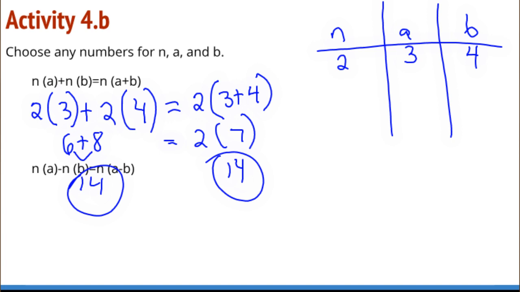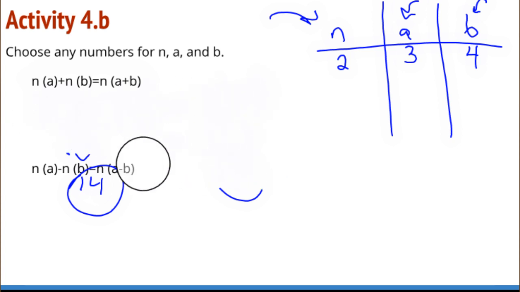So what we're doing on this is we're picking any values we want for n, a, and b, and we are seeing that this distributive property is going to work. And now we're going to test this with subtraction. Now we have to be a little bit careful with the numbers that we pick so that we don't wind up with some negative number stuff, some negative integers.